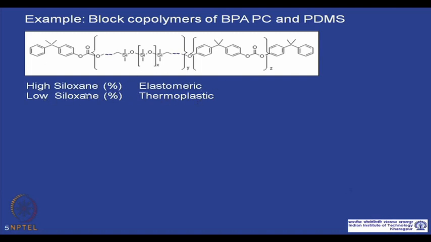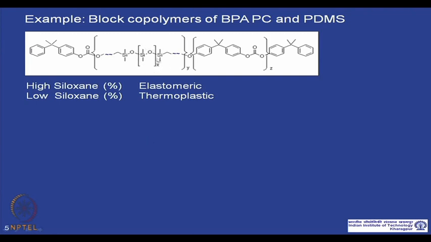Now, let us talk about a low concentration of siloxane, say about 5 to 10%. We are talking about thermoplastics. Because this PDMS is stitched with the other block, they do not phase separate in such a way that they come out or delaminate from the total matrix.